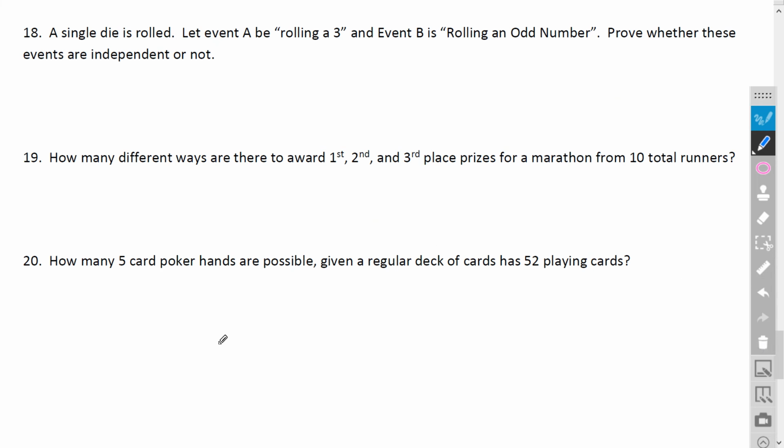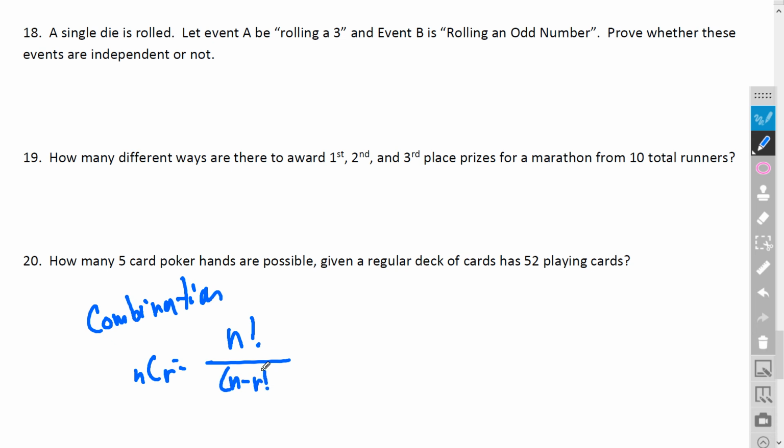How many 5-card poker hands are possible given a regular deck of cards has 52 playing cards? Okay, so this is actually a combination, because the order of the cards in your hand doesn't change. It's the same poker hand, so it doesn't matter what the order is. So remember the combination, nCr, is n factorial over n minus r factorial times r factorial.